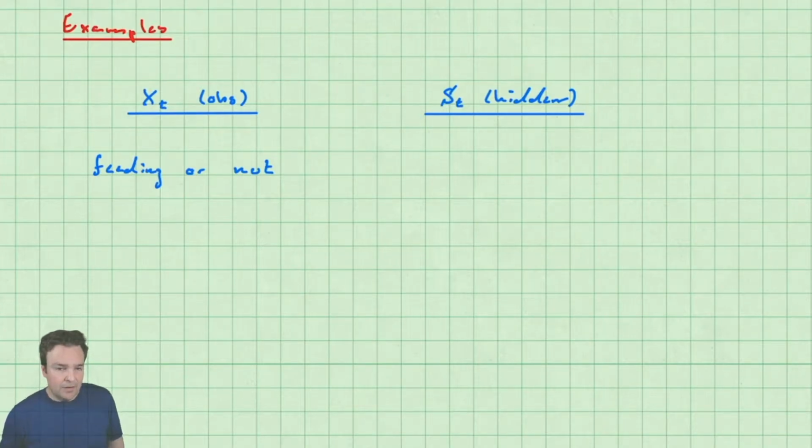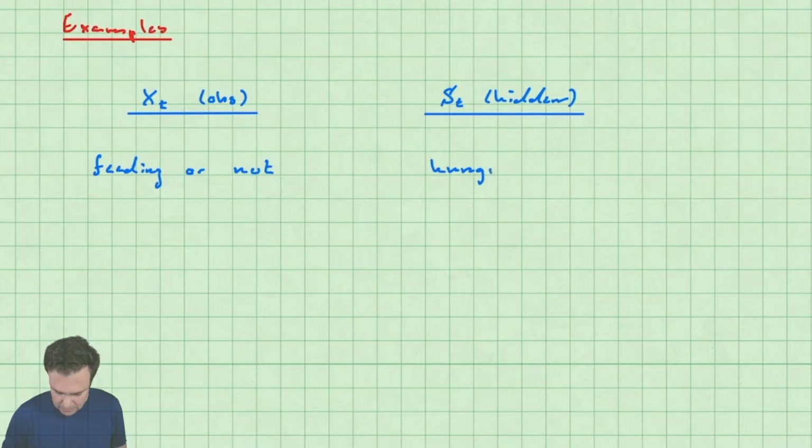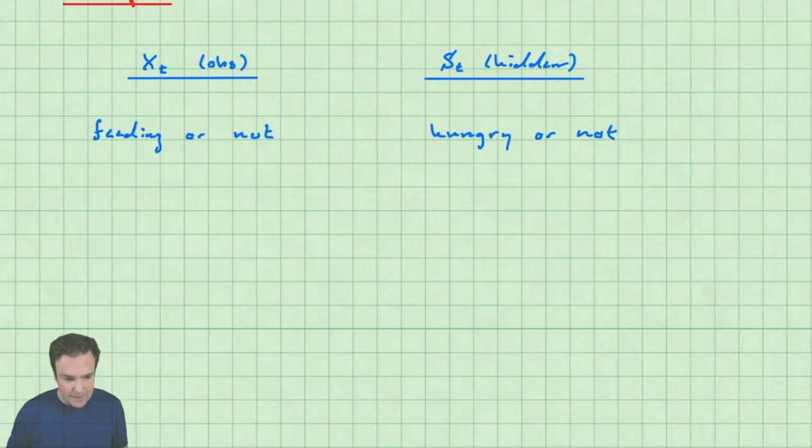And then the hidden or unobserved thing is whether or not the animals are hungry. Okay, so that's one example that we described in the notes, but not in the lecture.